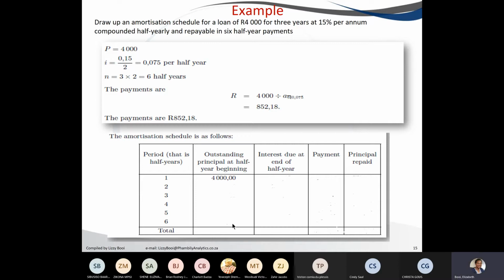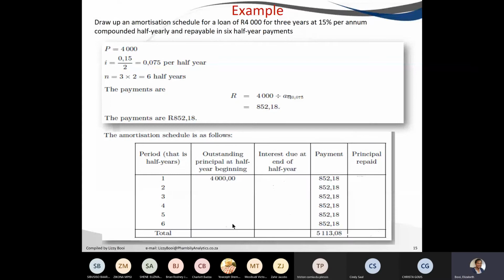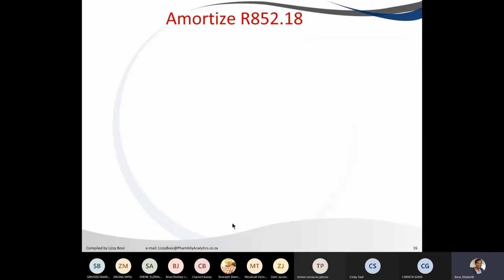You've calculated the payment. Now we need to amortize this table. On your table, you create all the payments because they stay the same. And now let's amortize that payment.